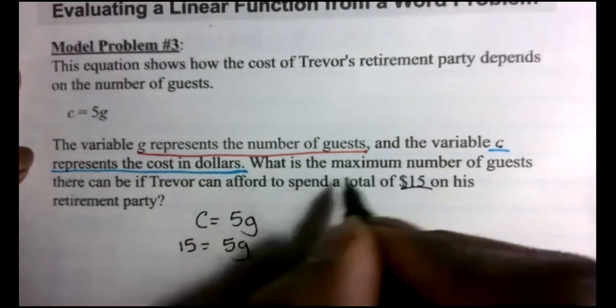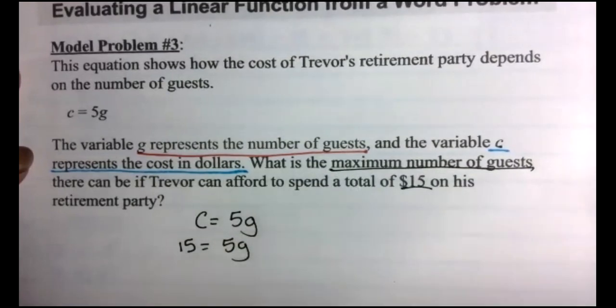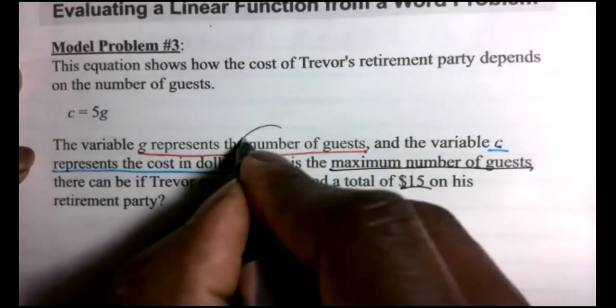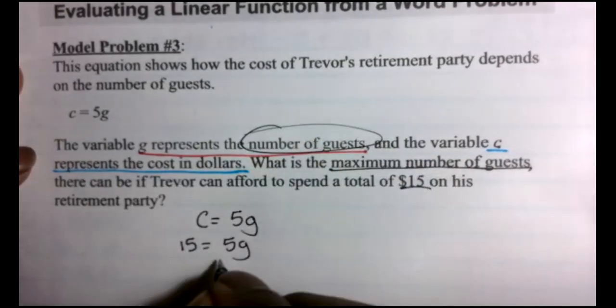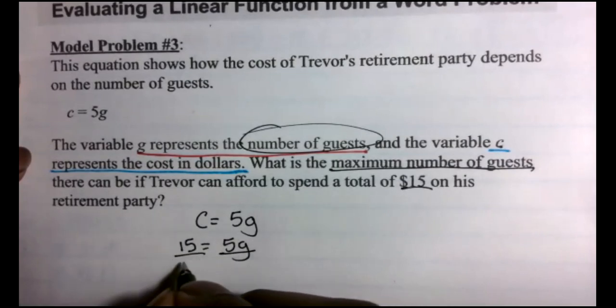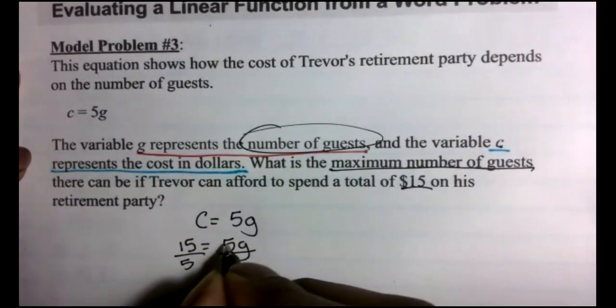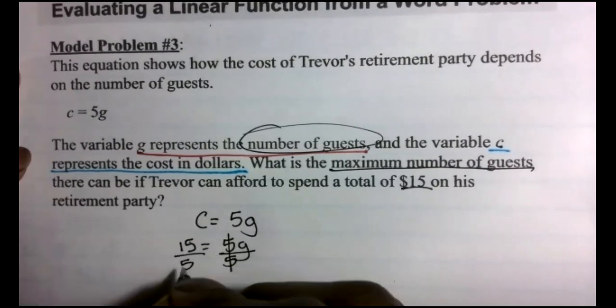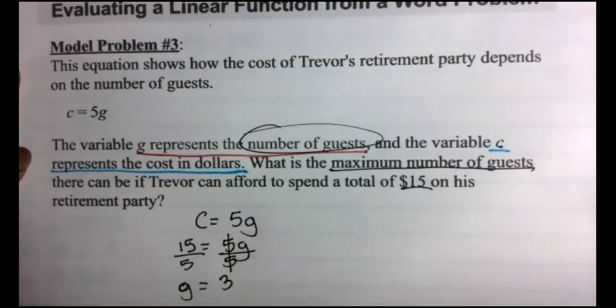They ask, what's the maximum number of guests that you can have? So I'm solving for G, the number of guests. In order to get G, I have to divide both sides by 5. So G is equal to 15 divided by 5, which is 3.